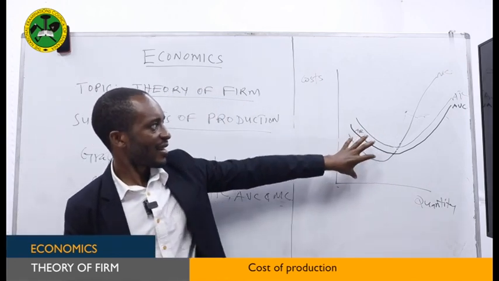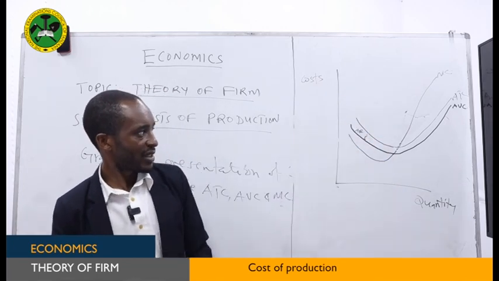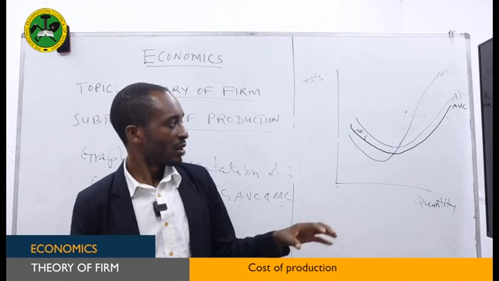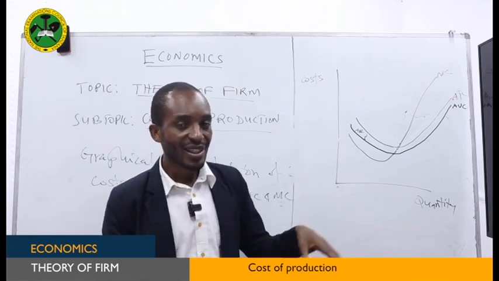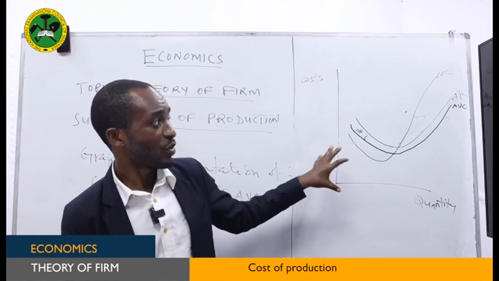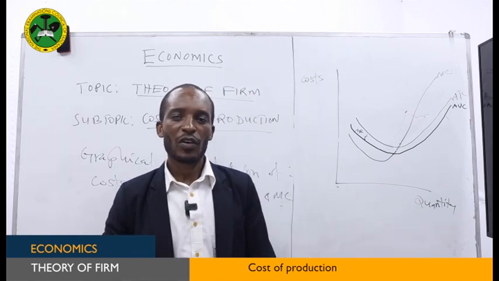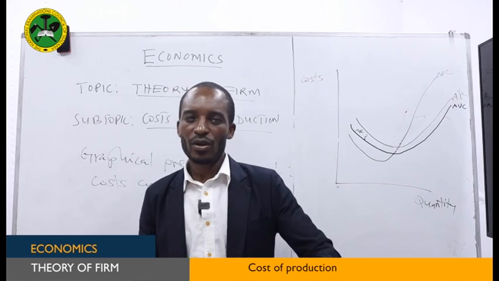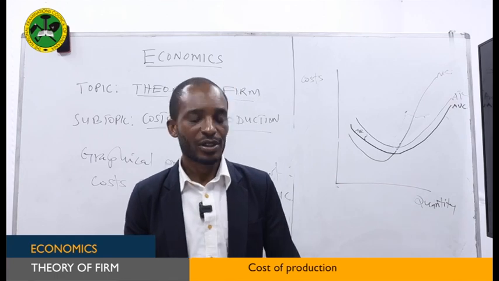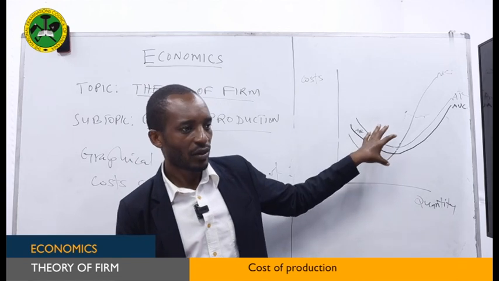These are the three cost curves you need to know as a student, since this is very important for analyzing the behavior of the business. It will help you decide which level of output to produce, how many inputs to buy, or how many laborers to employ. So using these costs will help you make a decision on what to do.